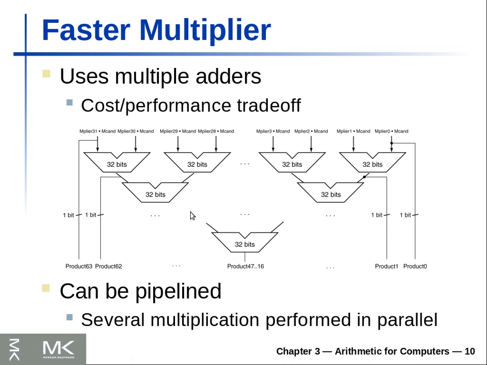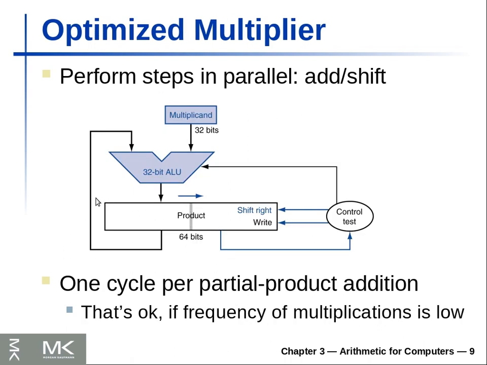The reason why this is complicated, and are they telling me? Nope. So what's going on in this one is the multiplicand goes here. The multiplier actually goes in the upper 32 bits. Okay? So what's happening is you're going to shift it right one. Hold on, I told you that incorrectly. Let me start over.